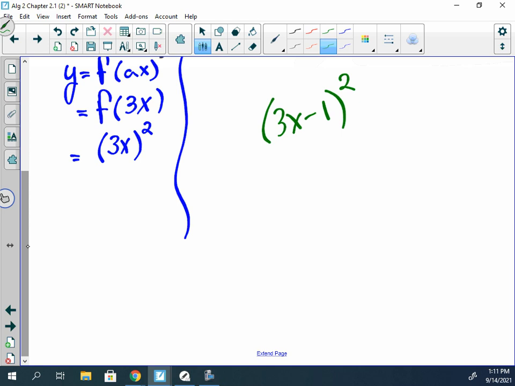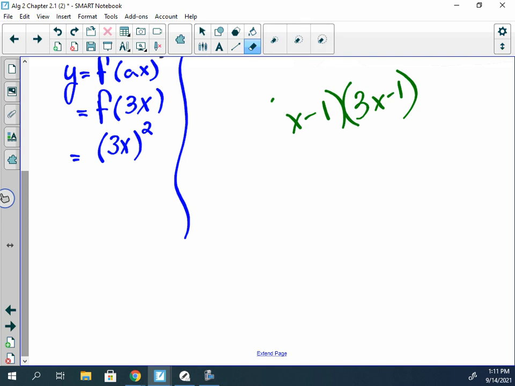Anything that's being squared is being multiplied by itself. So really, we would have 3x minus 1 times 3x minus 1. I would simplify this if we're actually solving for a value. If we're trying to find the value of x that makes the function equal 0, then we'll need to simplify it. But if I just had 3x minus 1 squared, I'd leave it alone.